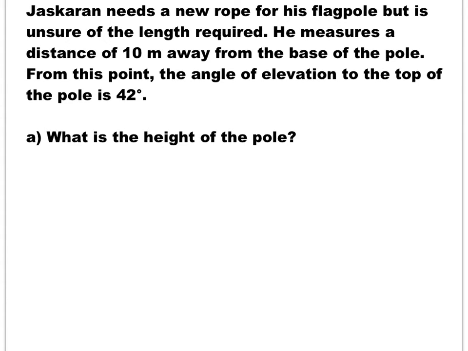The next example, we have the case of Jasperin, who needs a new rope for his flagpole, but is unsure about the length required. He measures a distance of 10 meters. So this is the flagpole.